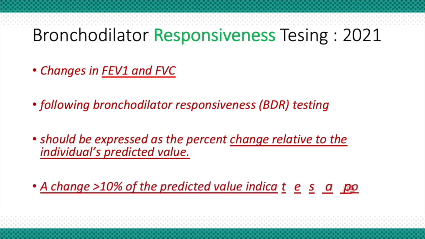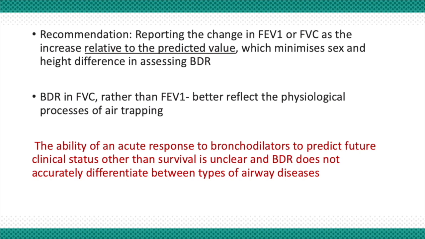So any change of more than 10% from the predicted normal will be a positive response. This has to be strictly an increase relative to the predicted value so that you can minimize other variables that affect the bronchodilator response. And normally, the change in FVC would be more indicative of air trapping as compared to FEV1.